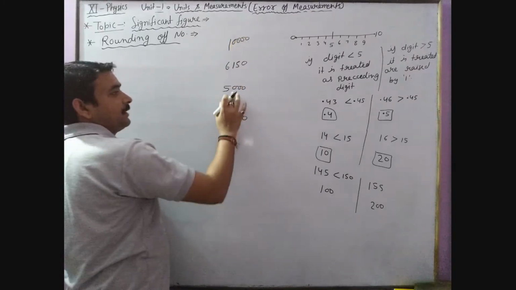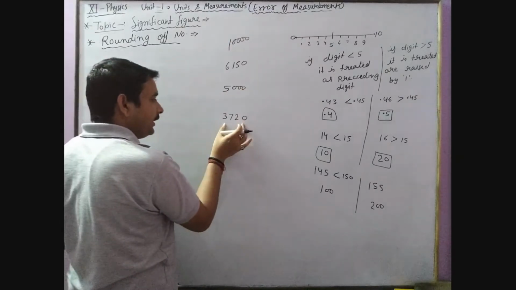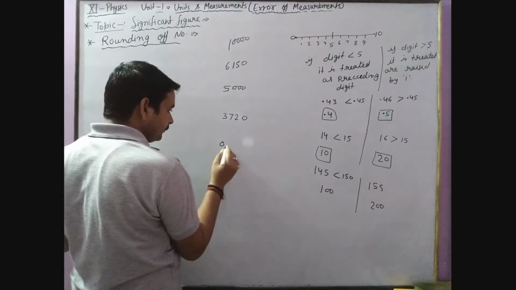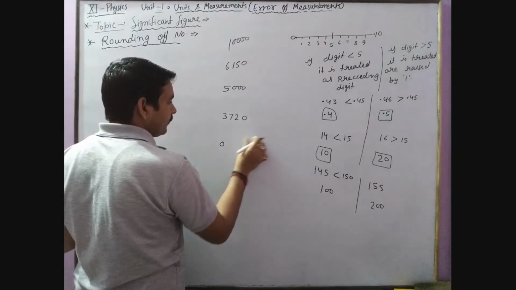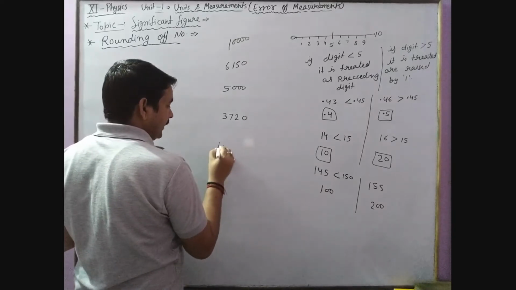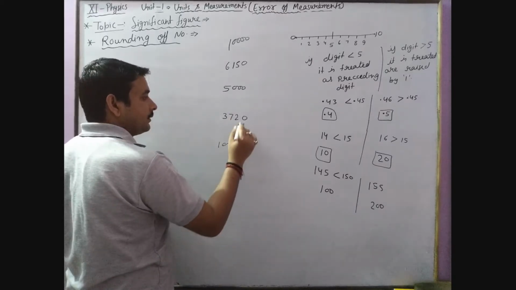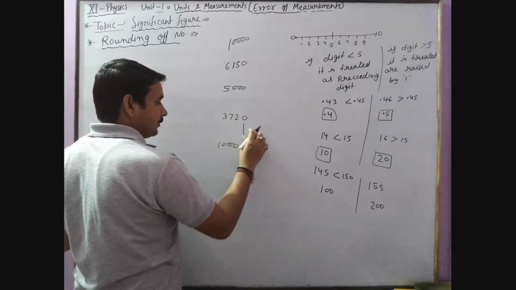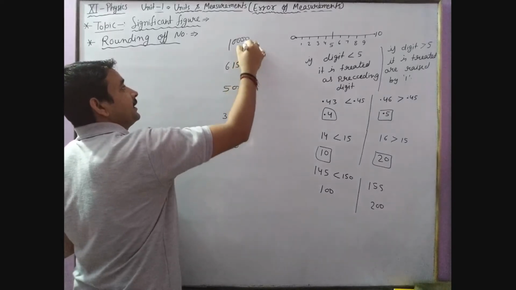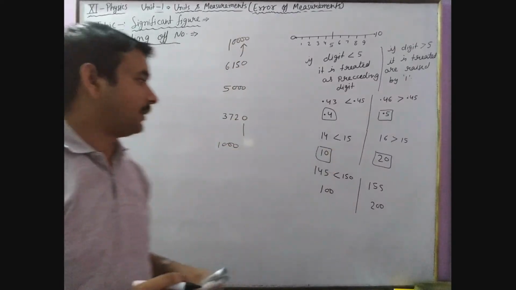Okay, center is 5000. So according to this, we can count it as near to 1000. So it is treated as 1000, while it is treated as 10,000 because it is near to 10,000. Okay.